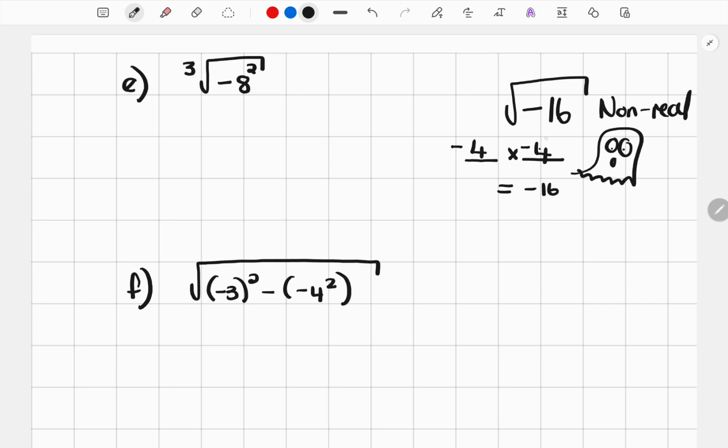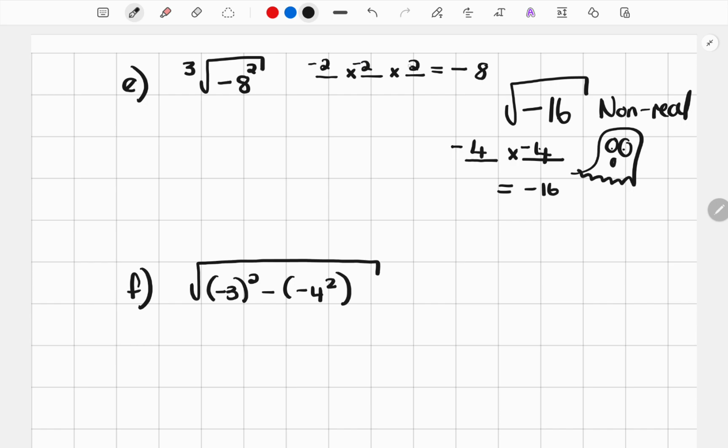So no way on this earth can you get a negative under a square root. But you can get a negative under a cube root. So let's quickly see. What times what times what should give you a negative. Let's just quickly take 8. So if I say 2 times 2 times 2, that will give you 8.